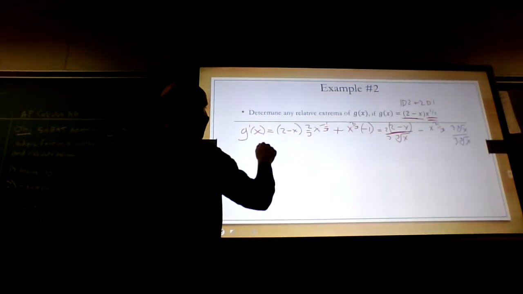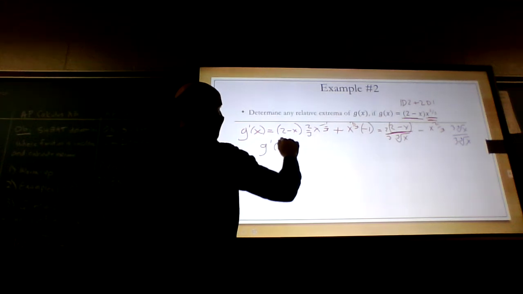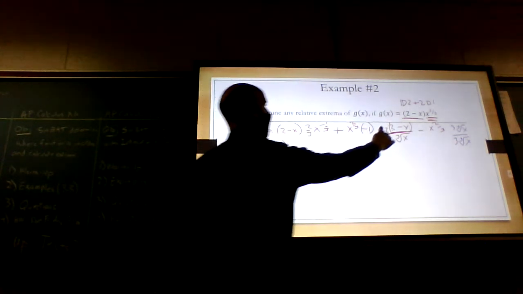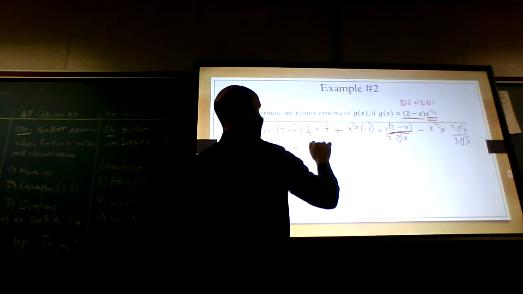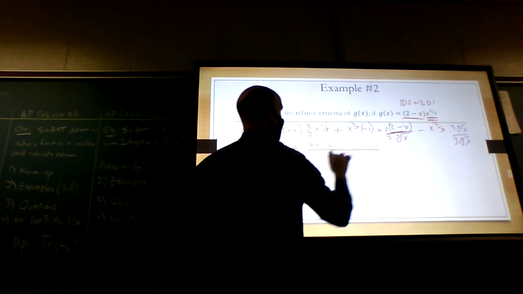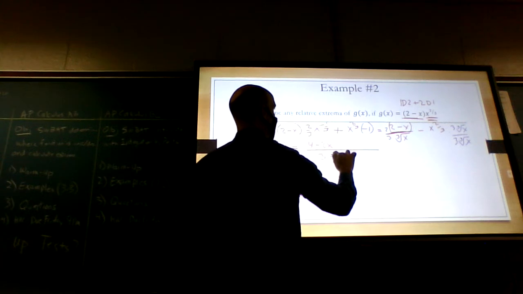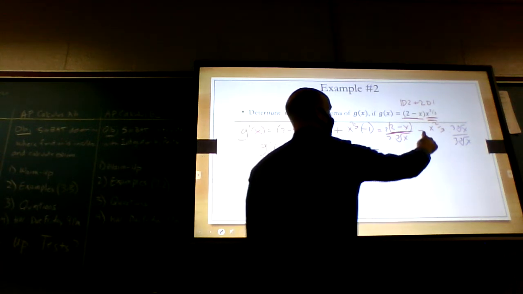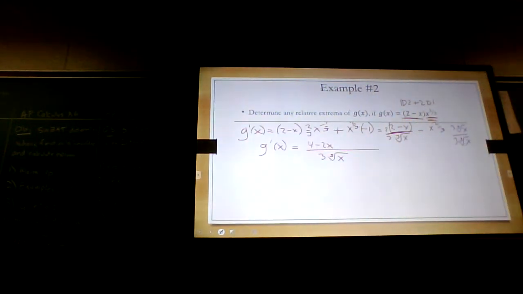Okay, so g prime of x is now equal to, and I'm going to go ahead and distribute this, that'd be 4 minus 2x. The denominator here is 3 cubic root of x. And now I'm going to multiply those two things. Does anybody happen to know? First of all, 3 is just 3, right?